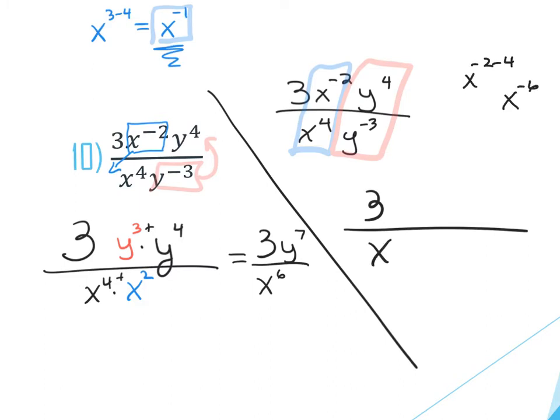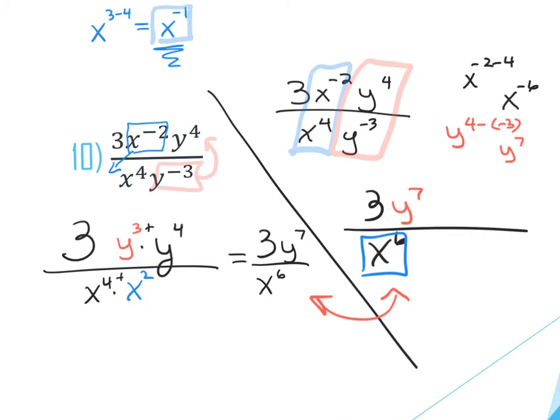So that tells me put the x in the bottom. So that would be the blue. Then if I do the red, I'm doing y to the 4 minus negative 3. Keep flip change, it becomes y to the 7th. The 7 is positive, so it goes in the top. You can do these either way. Good?